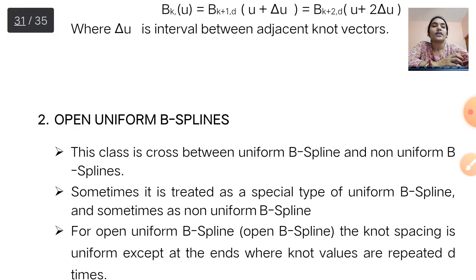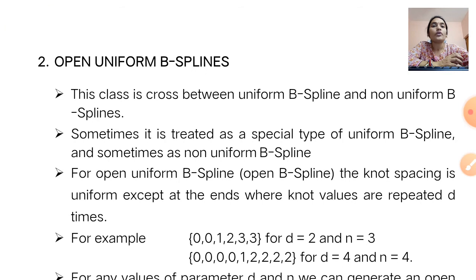Okay. Next we discuss the open uniform B-spline curve. This class is a cross between uniform B-splines and non-uniform B-splines. That means the open uniform B-spline is the cross between the uniform and non-uniform B-spline curves.